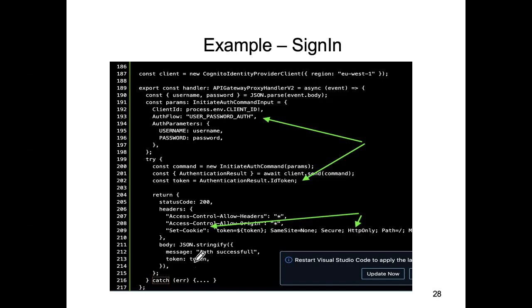So ignore the fact that I'm sending the JWT token in the body of the response, and let's concentrate on the fact that I'm sending the token as a cookie response header.